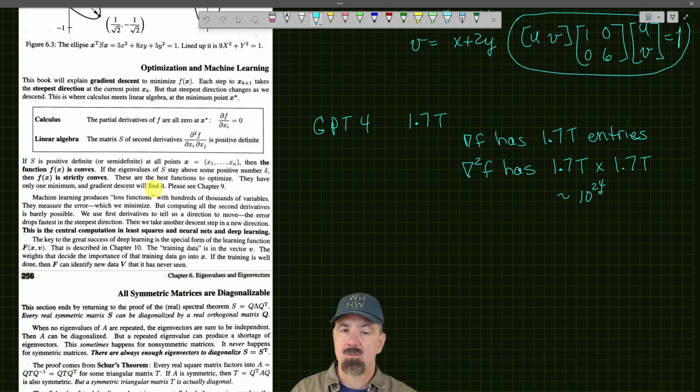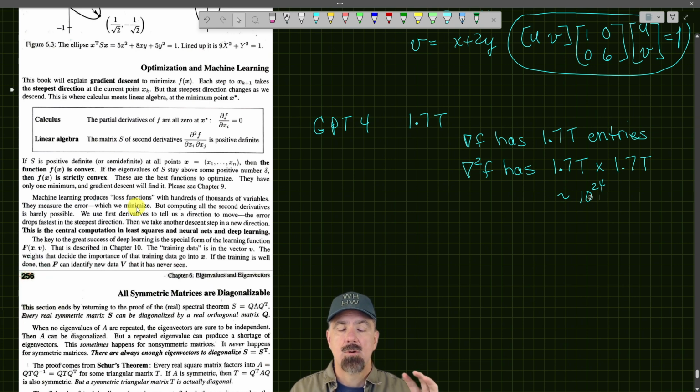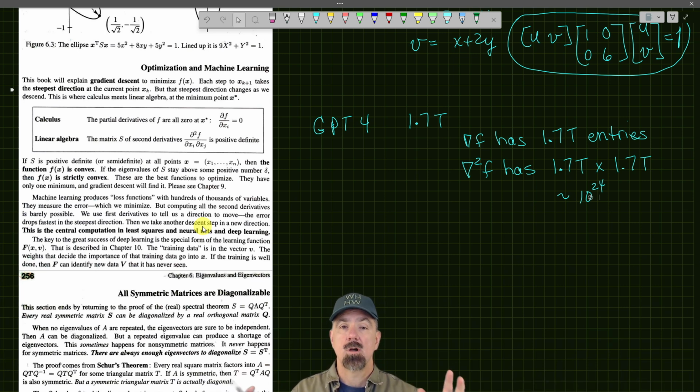There are no modern computers that are able to do calculations in matrices that have 10 to the 24th entries. This is where a lot of the trimming down, the clever optimization techniques are applied, because we cannot simply brute force 10 to the 24th entries. We have to be clever about it. And this is where numerical analysis and linear algebra kind of come together.